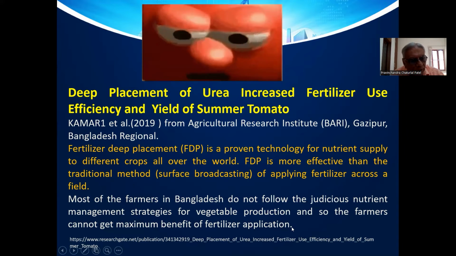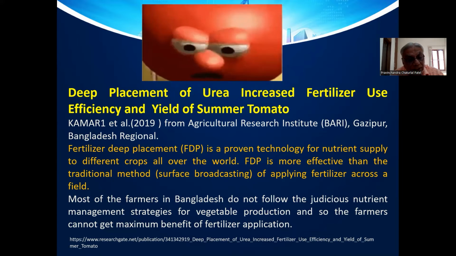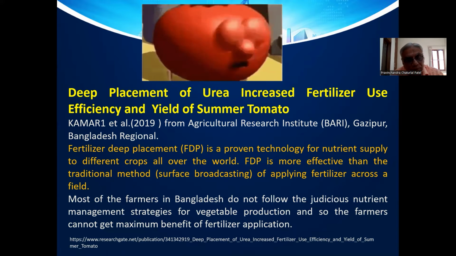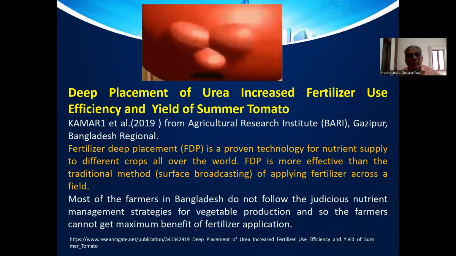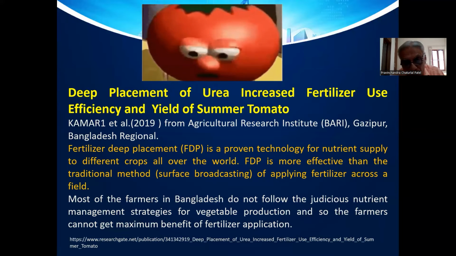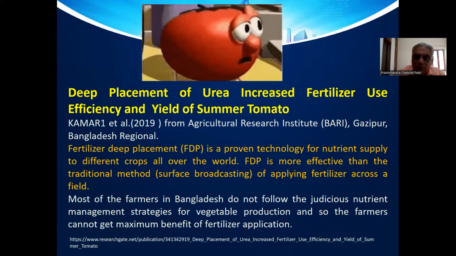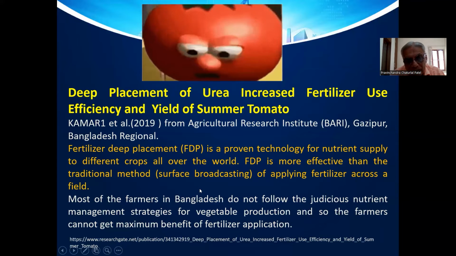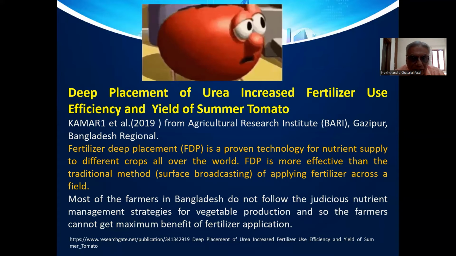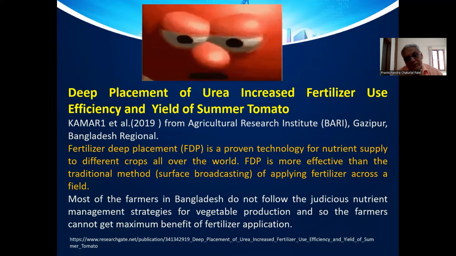So the fertilizer use efficiency has declined, and therefore farmers are applying more chemical fertilizers. So the cost of cultivation is increasing, and farmers get less benefit.